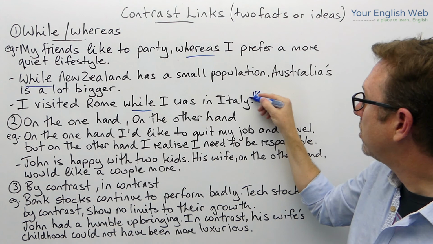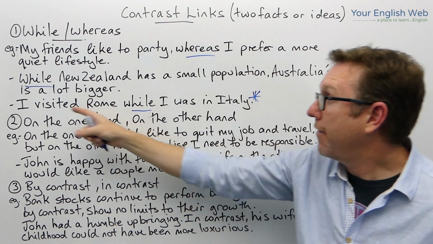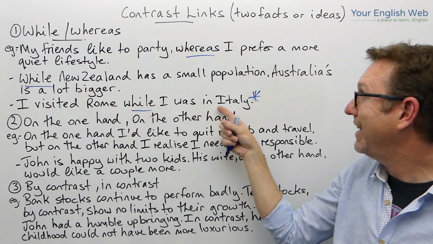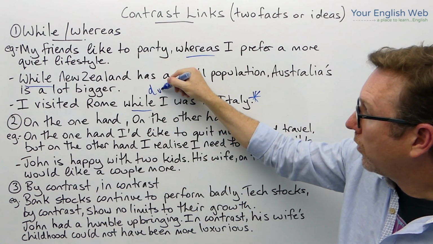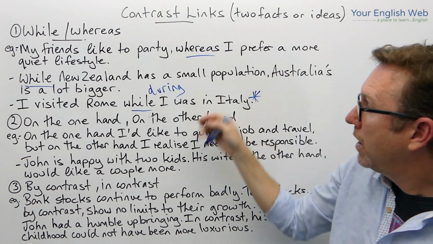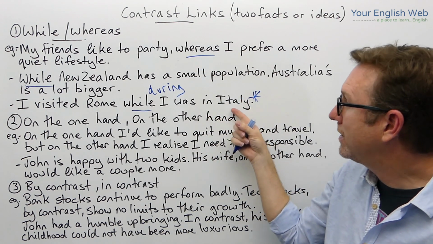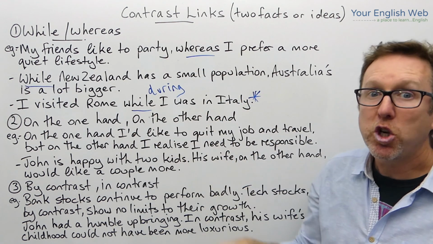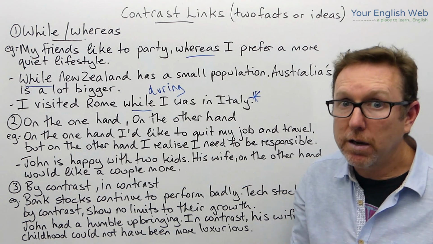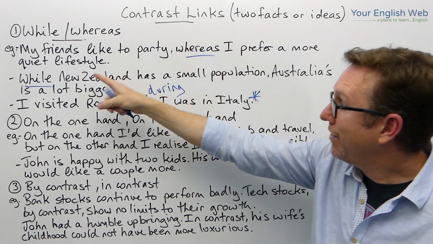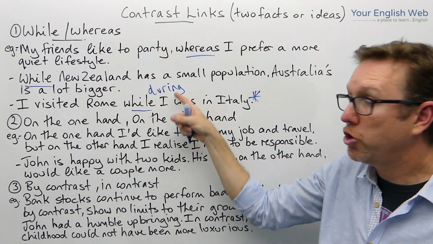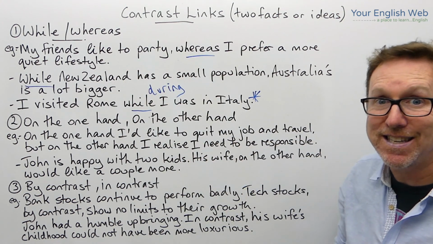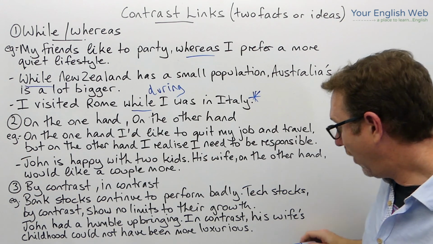So we're going to put an asterisk next to this. I visited Rome while I was in Italy. Here, while means during, okay? So during my trip to Italy, I visited Rome. So it's a different meaning there. Don't get confused about while in this type of sentence as a contrast or to mean during in the third sentence here, okay? So be careful with the two.